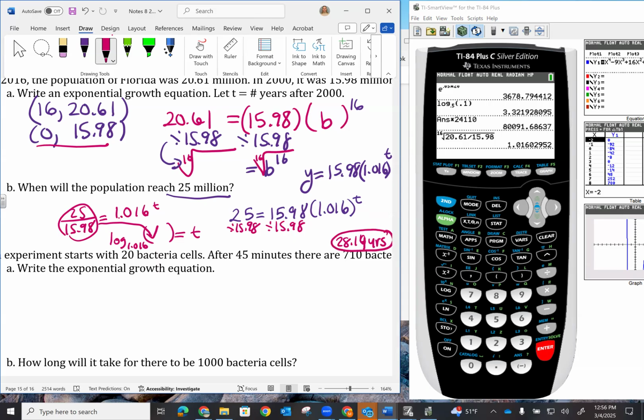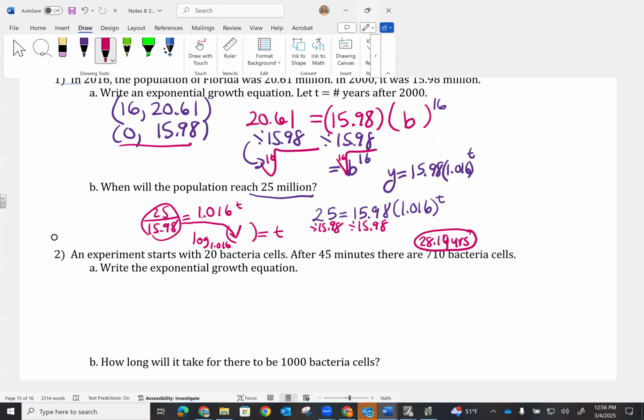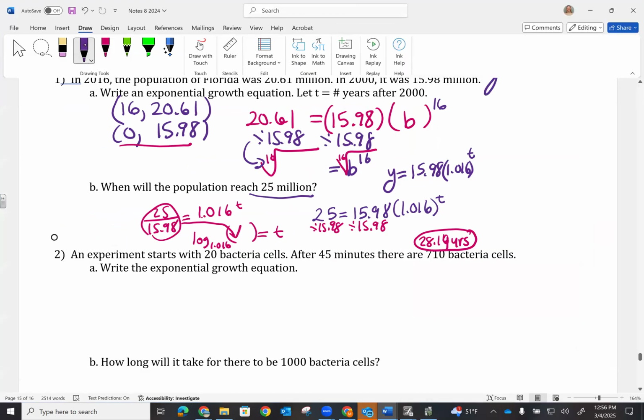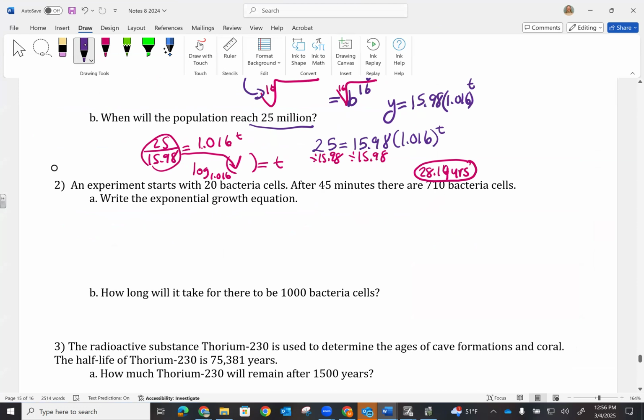Okay, so we're practicing: can you write these equations? Can you practice solving for what you don't know? Let's see if we can set up the next one. We start with 20 cells.